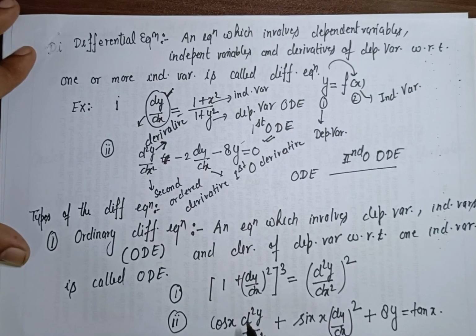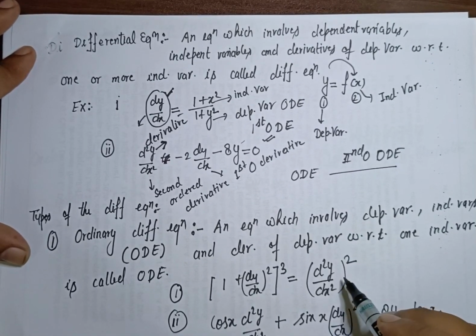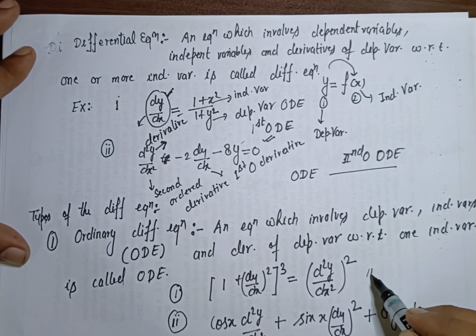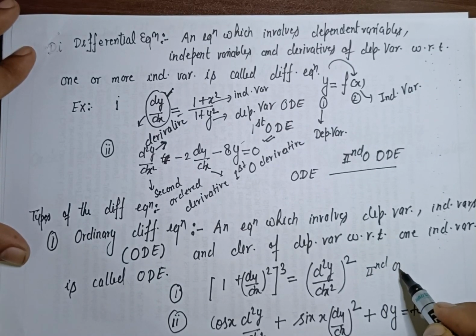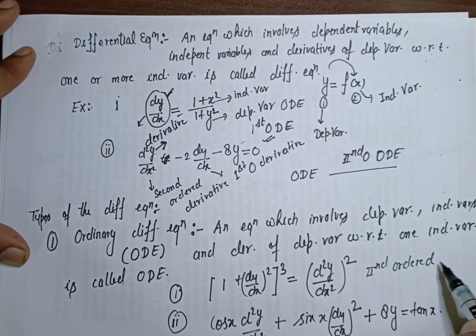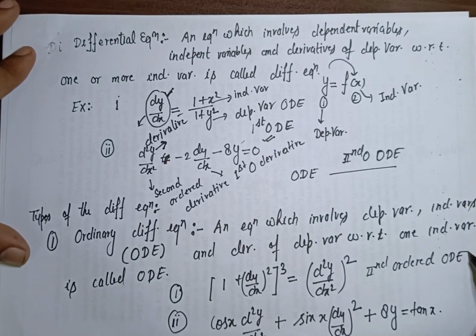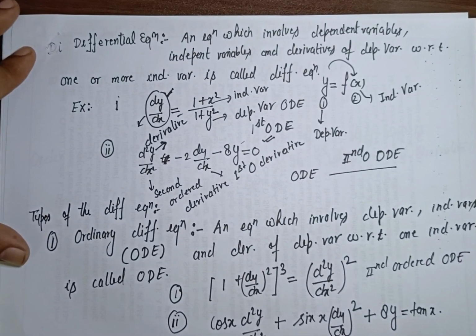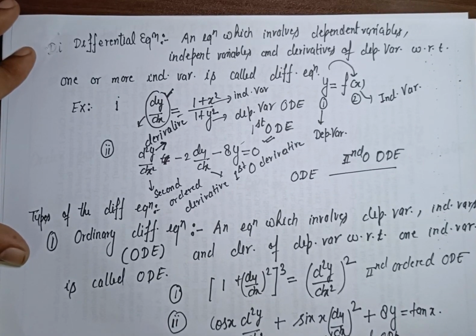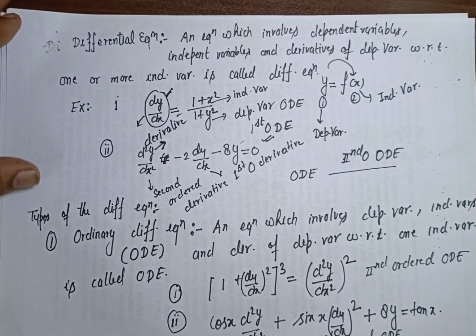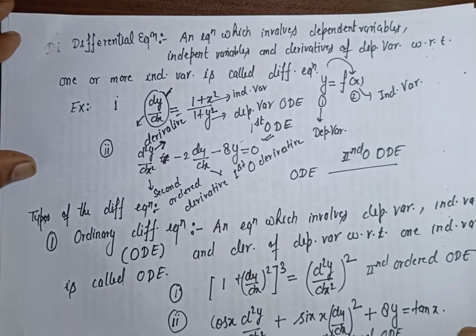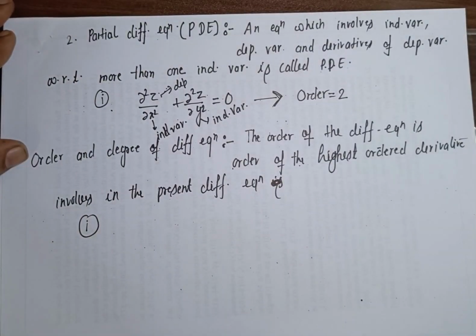And that one is also a second order ordinary differential equation, because the highest derivative involved in this differential equation is of second order. So you can simply find the order of the differential equation.